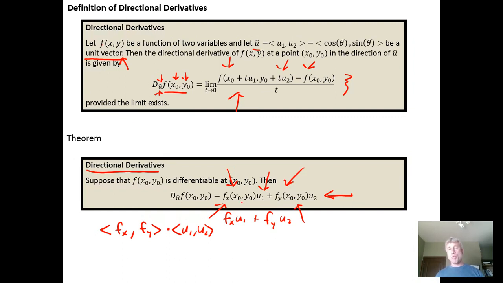One will be an algebraic approach to justifying it. One will be more of a geometric approach. And then in the fourth video, I'll actually show us using the formula to calculate directional derivatives. So the mechanical, kind of non-mathy part of it: here's the formula, use the formula, monkey see, monkey do.